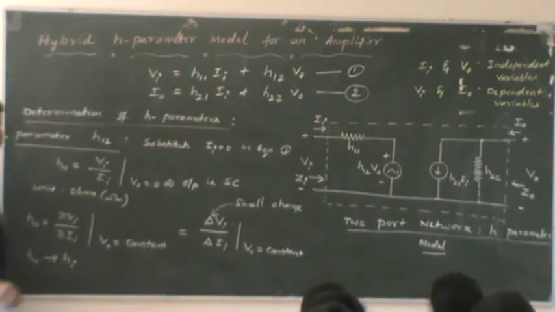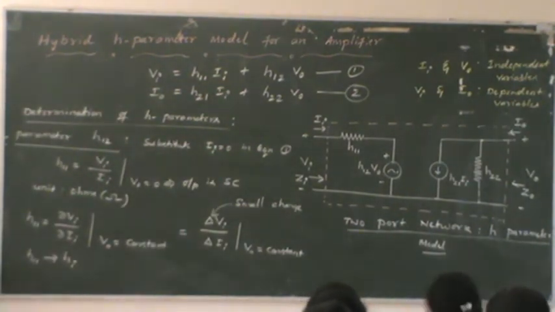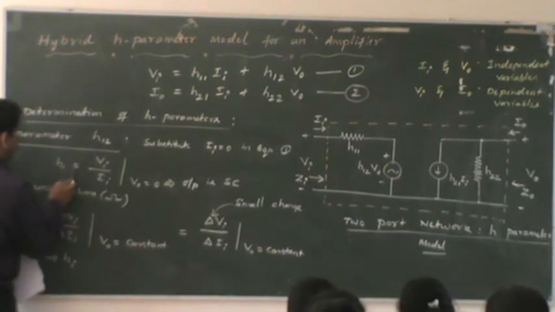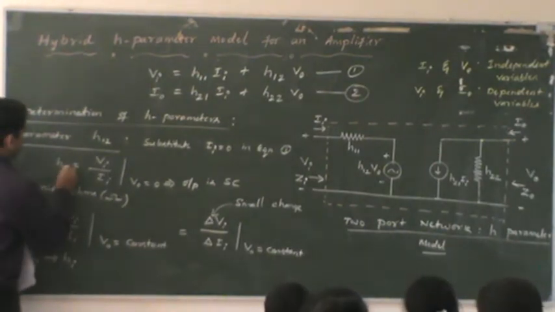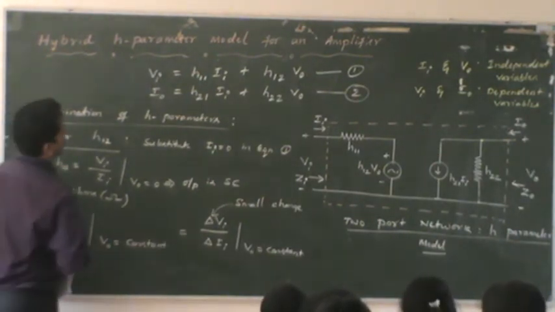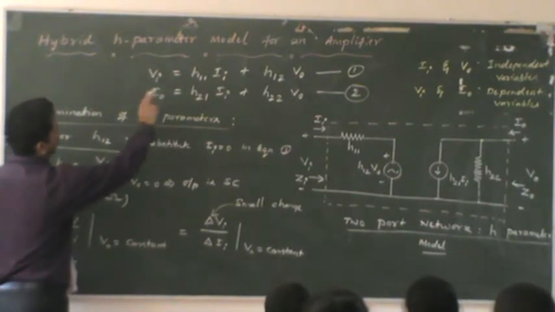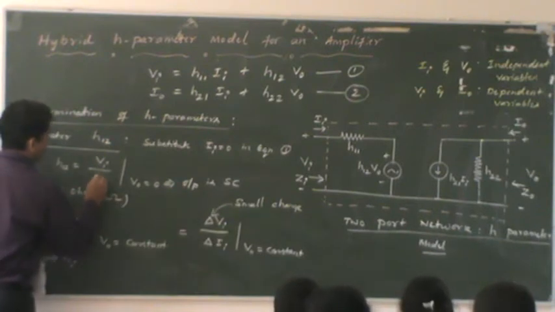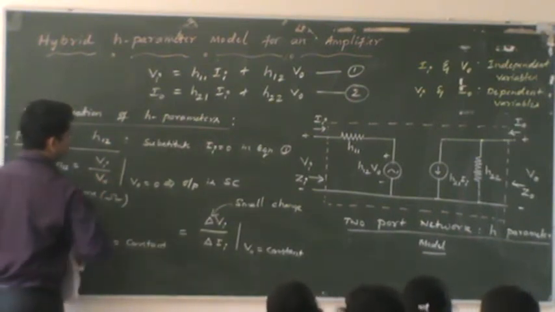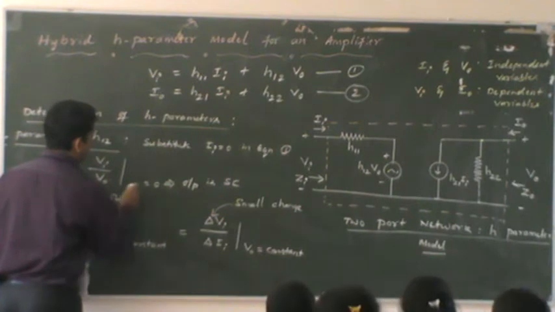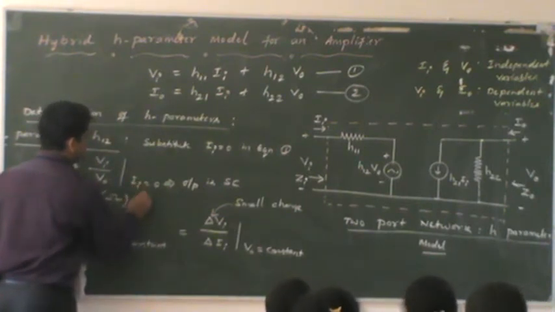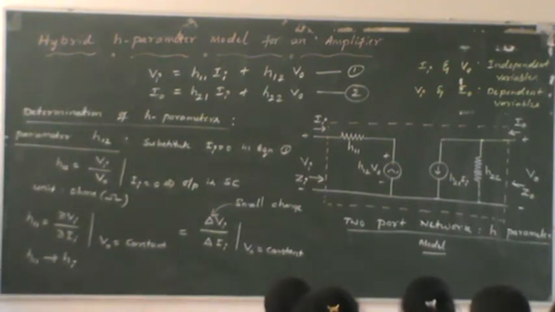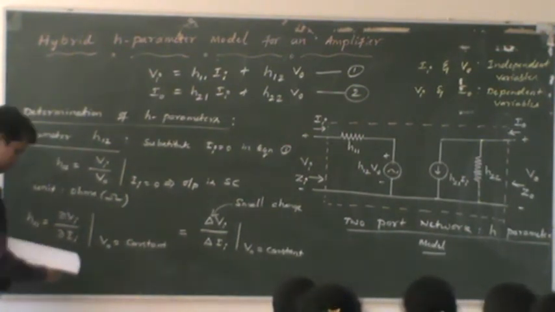Once you make that, you can see that H12 is nothing but Vi by Vo. So that formula will be Vi by Vo, for making Ii as 0.